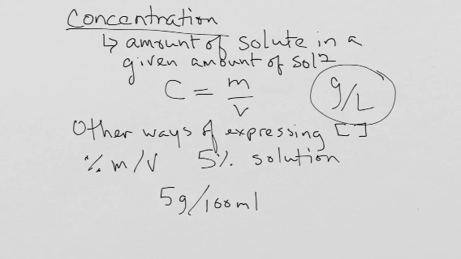Every time you see the word percent or the symbol percent here, it's going to be in a 100 milliliter solution. So if you say that you've got a concentration of 5 percent solution, or 5% M over V, what you're actually saying is you've got, in that 100 milliliter solution, 5 grams of solute in there, in that final volume of 100 milliliters.